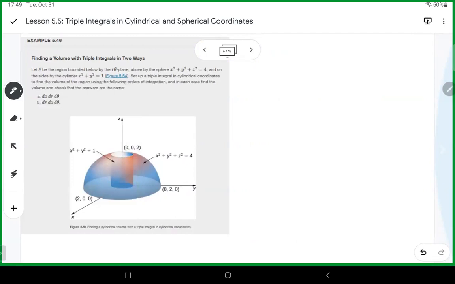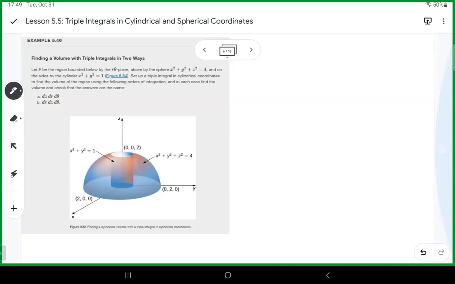All right, so this one again wants us to do the triple integral in two ways. We want to let E be the region bounded below by the r theta plane and above by x squared plus y squared plus z squared equals 4, and on the sides by the cylinder x squared plus y squared equals 1.